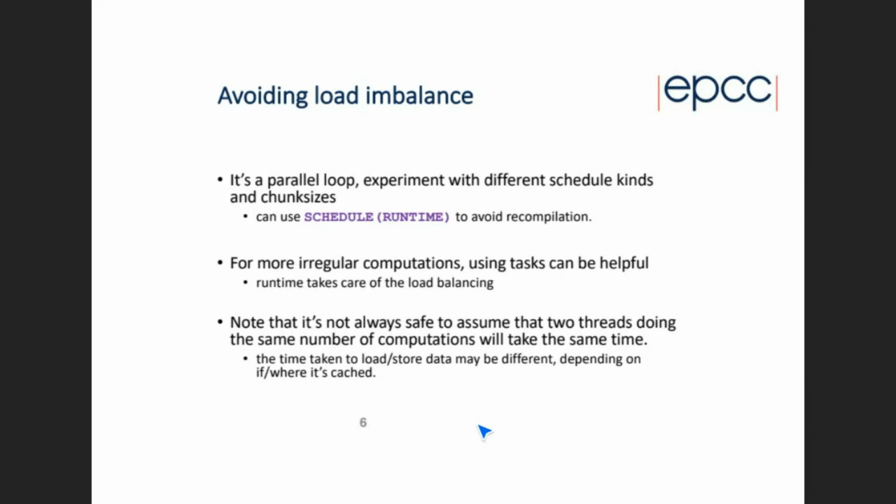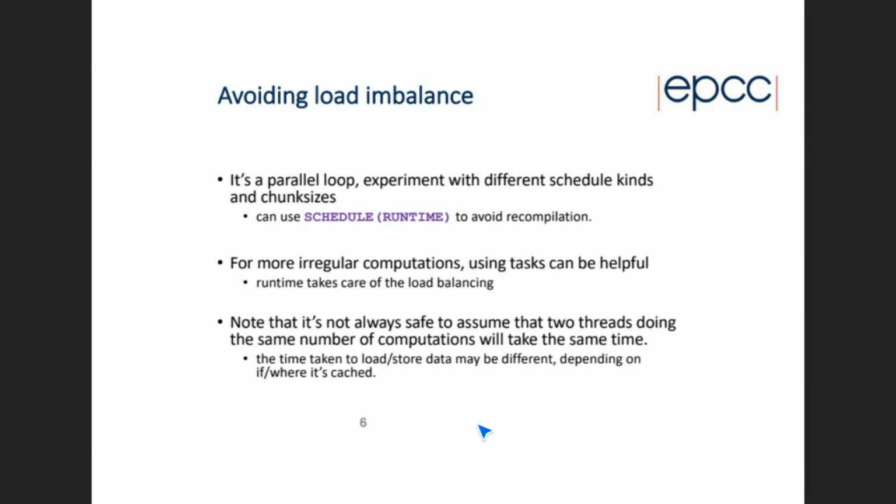Just a word of warning: it's not always safe to assume that two threads doing the same number of computations will actually take the same time to execute them. Just because two threads are executing identical pieces of code, or the same number of loop iterations, and every loop iteration looks the same but is operating on different bits of data, it doesn't necessarily mean that they're all going to take the same time.